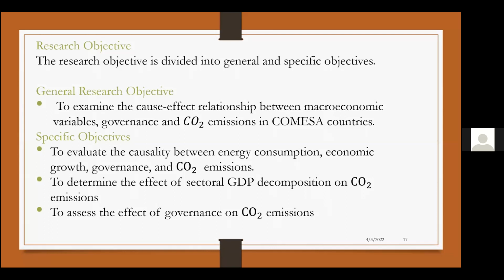Objective number 1 is to evaluate the causality between energy consumption, economic growth, governance, and CO2 emission. Objective number 2 is to determine the effect of sectoral GDP, when we decompose GDP into 3 sectors, on emissions, so that we are able to see the specific contribution of each sector to emission, and so that we have emission-specific strategies.